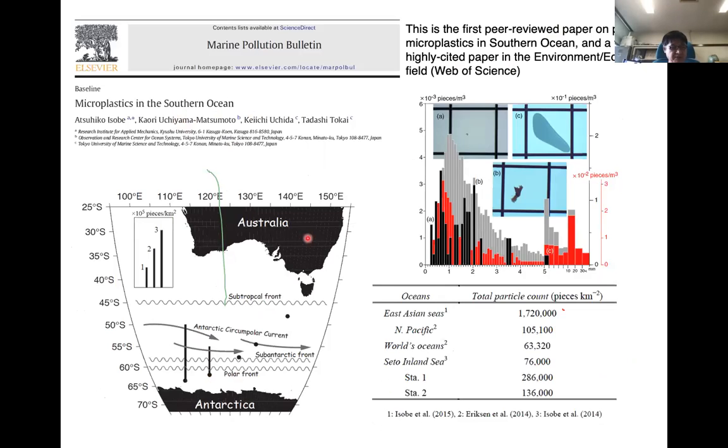You know that plastic debris is generated from everyday life, and the Southern Ocean is the ocean farthest from everyday life. The fact that we have found microplastic in the Southern Ocean suggests that it's very difficult to find a plastic-free ocean anywhere in the world at the present time.